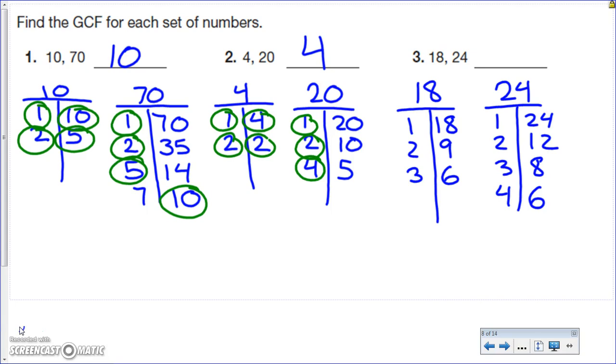Then we're going to circle the numbers that are in common between both lists. Next, we look at the circled numbers, and 6 is the greatest, so 6 is our greatest common factor.